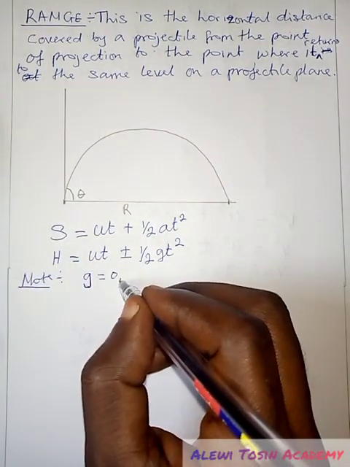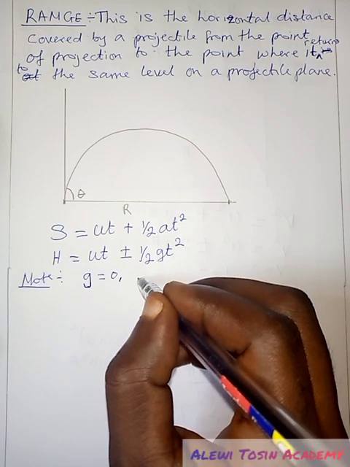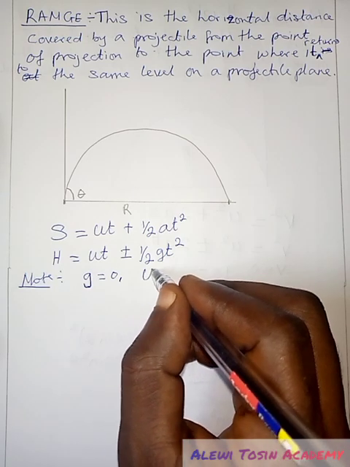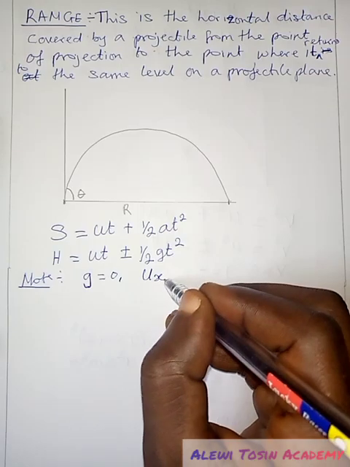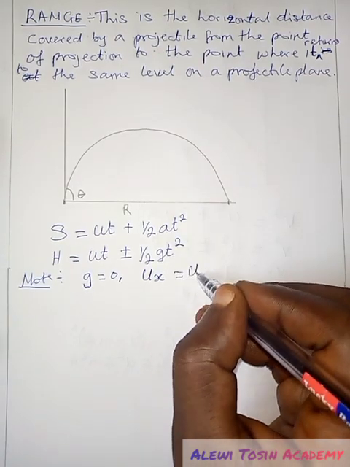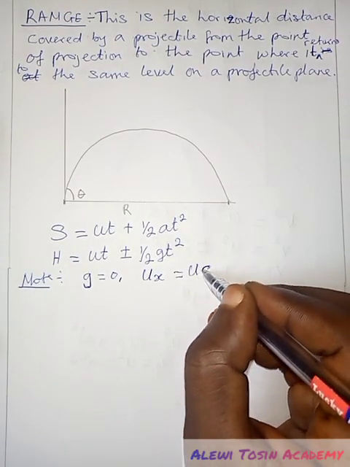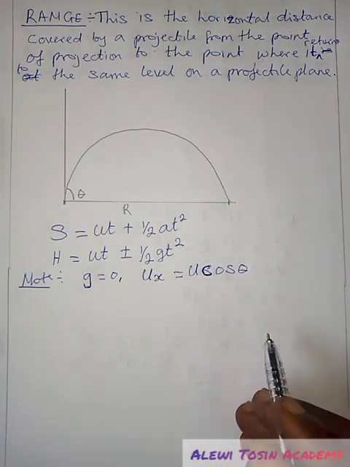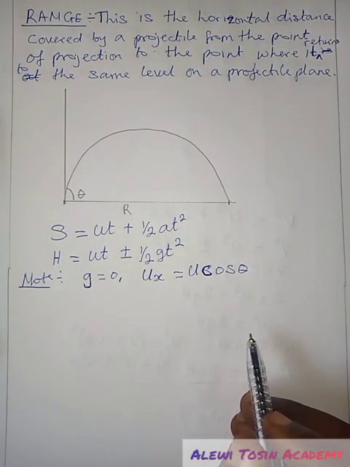And recall that our horizontal component ux in this case will be equal to u cos theta. That's our horizontal component.